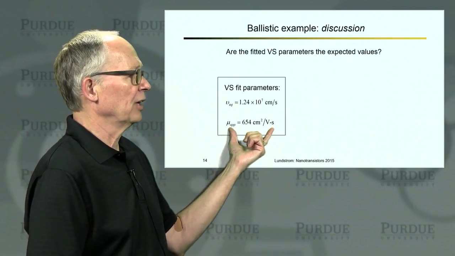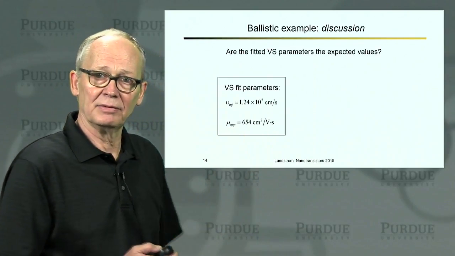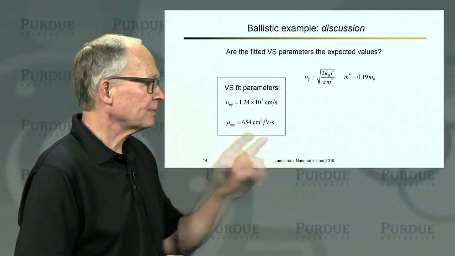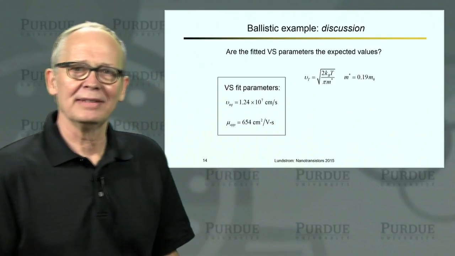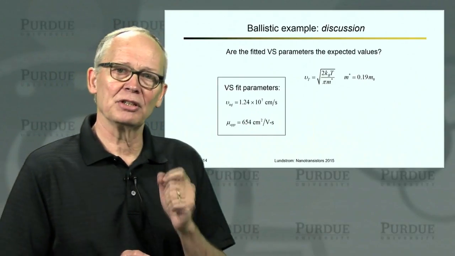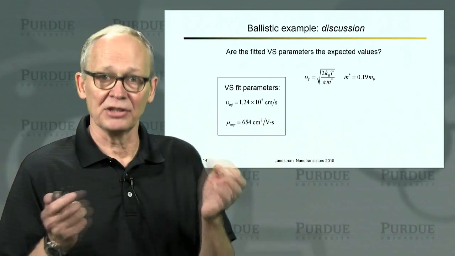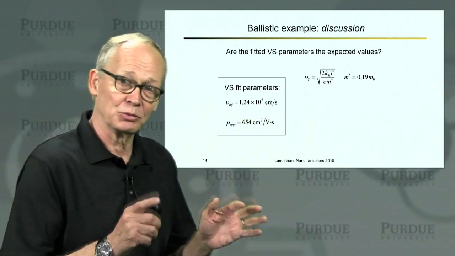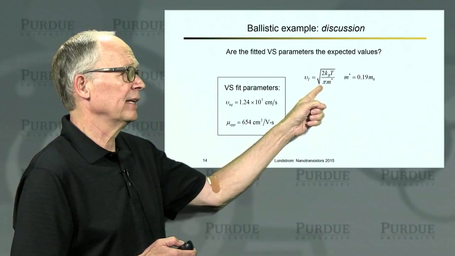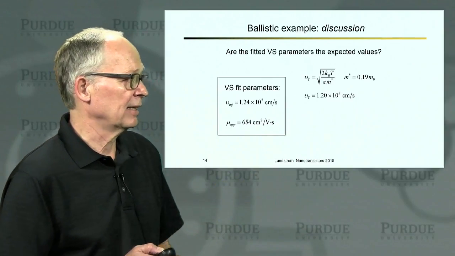Here are the parameters that it took for us to fit our virtual source model to the ballistic IV characteristic. We know now that the injection velocity in a ballistic MOSFET should be the unidirectional thermal velocity under non-degenerate conditions, which is what we assume to calculate those IV characteristics. I can plug in numbers for silicon, and I can compute that.